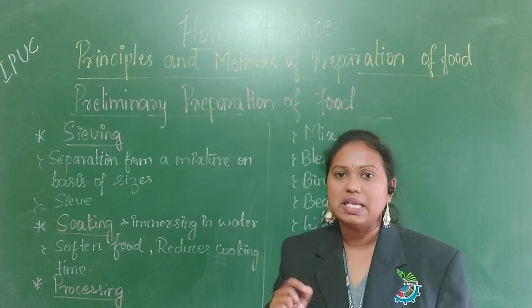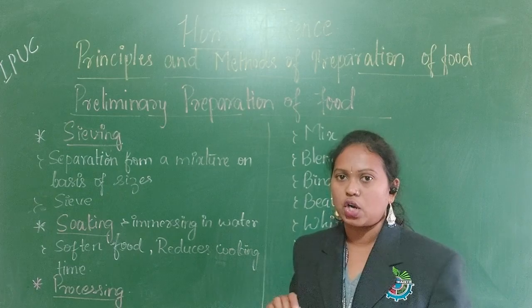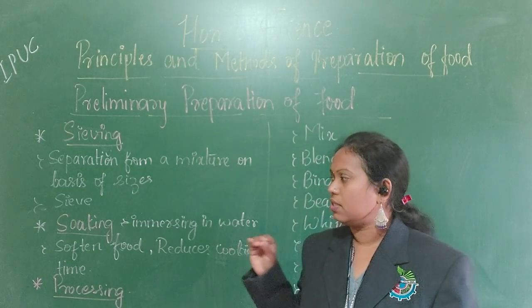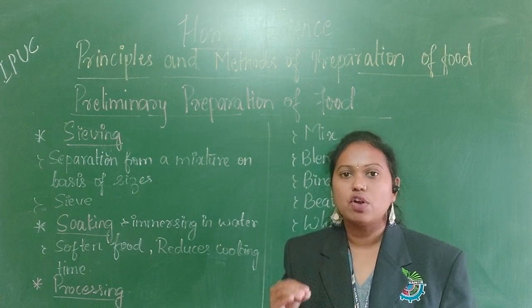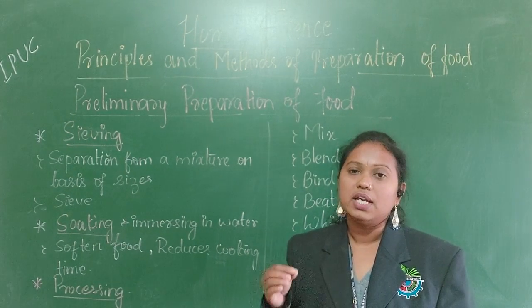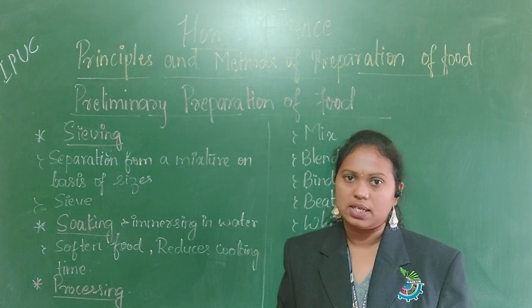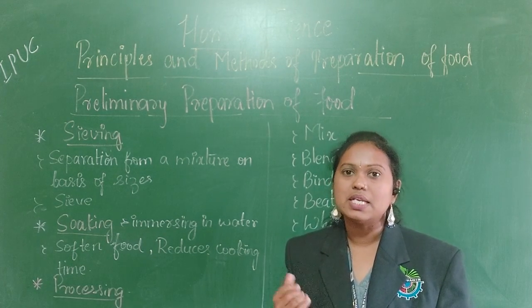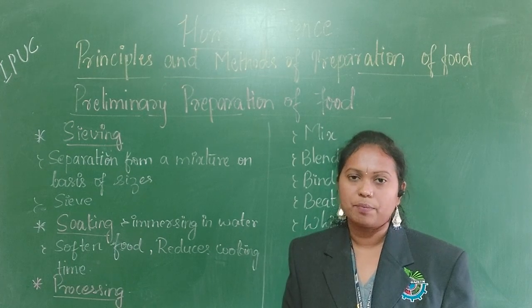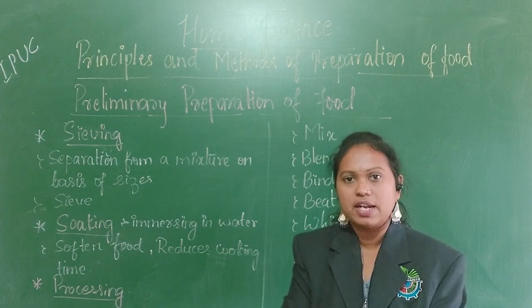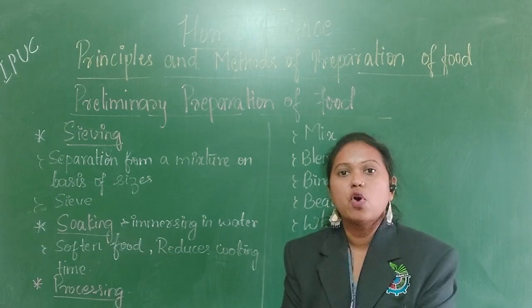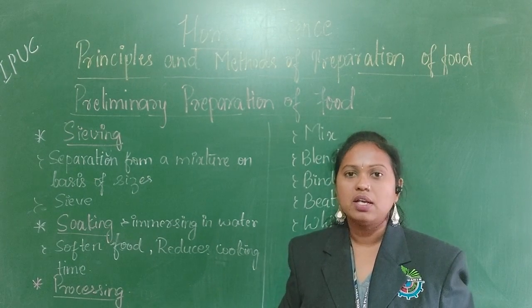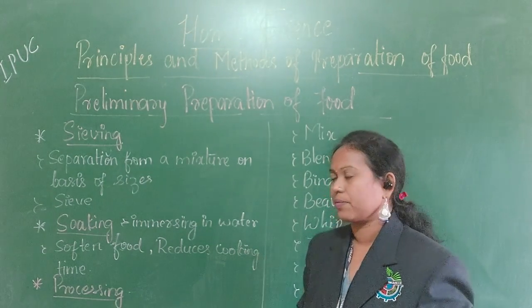The peel can be easily removed from soaked products like whole gram, etc. This makes the extraction of tamarind easier, reduces the pungency in onions, and initiates fermentation processes, for example idli or dosa batter. But the disadvantage is that some of the water-soluble nutrients may be leached into the water, and this involves time.